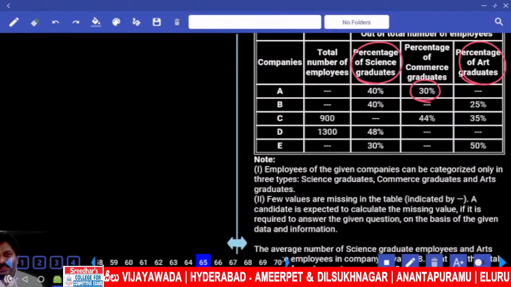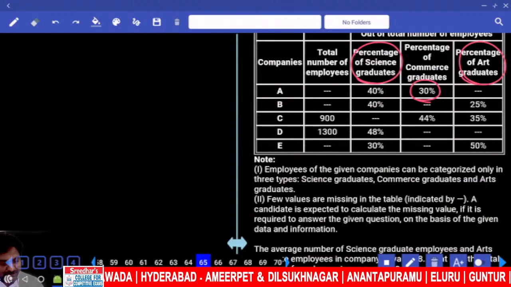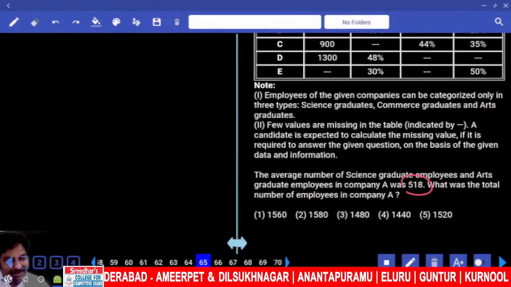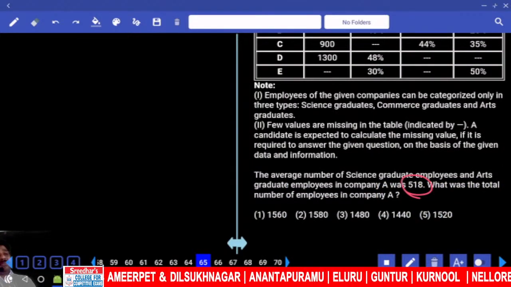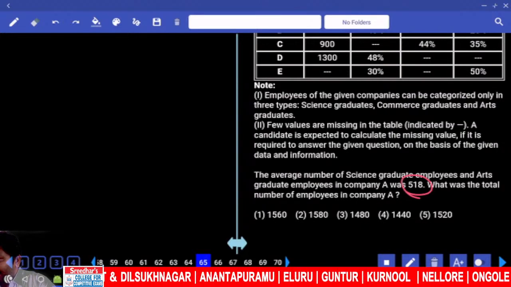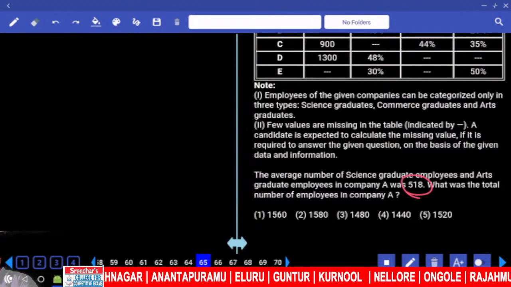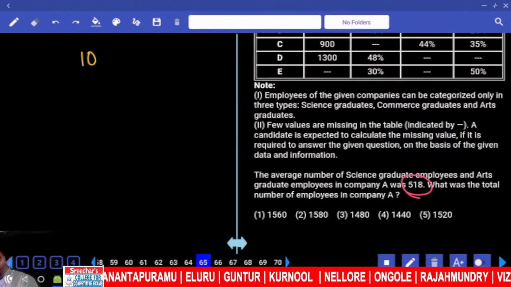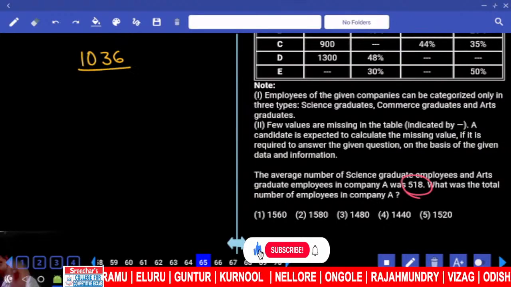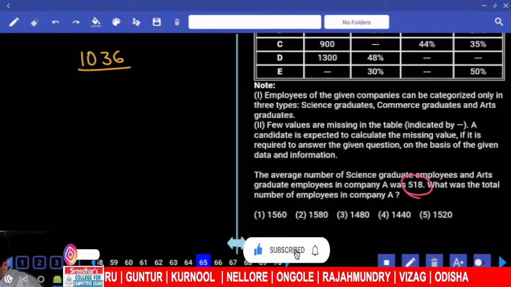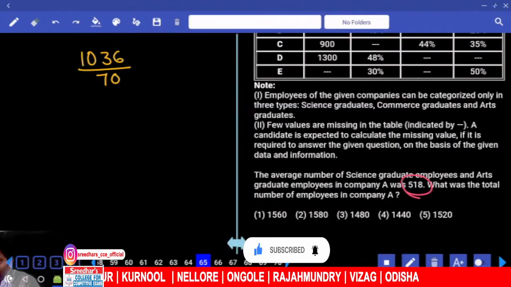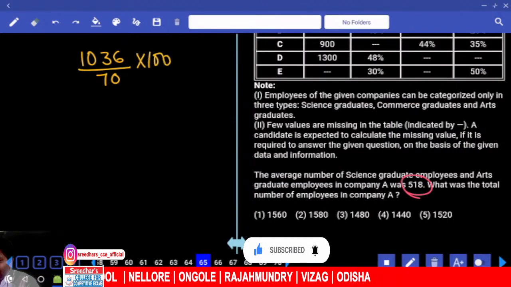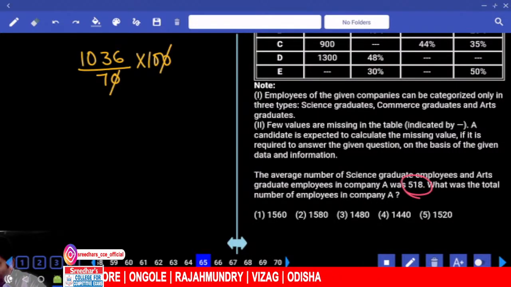If 30 is not there, what is remaining? So, this 518 is average for two streams, correct? Then sum is equal to exactly double, which is 1036. And this is equal to 70%. Then 1% value, and we need total 100%. 0, 0 cancel. Are you okay?